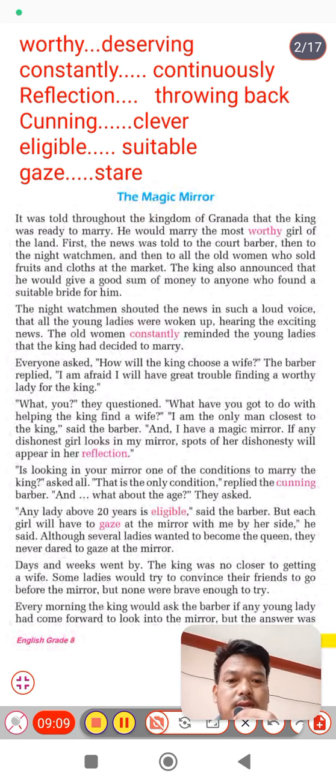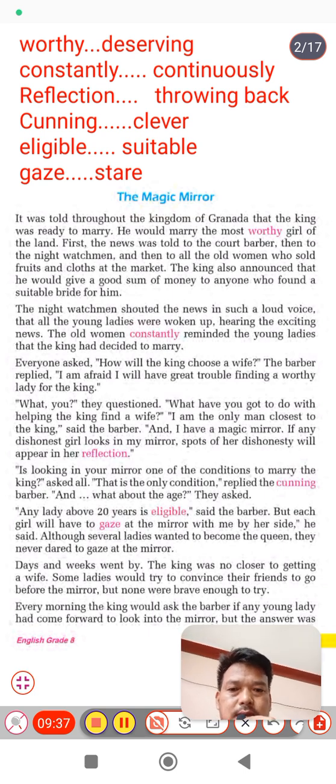So if anyone had done anything wrong in her life, when she looked at the mirror, her dishonesty would appear in the mirror. This is what the barber said to all of them about the magic mirror, and he also told them that he was the closest one and he could do everything for the king.